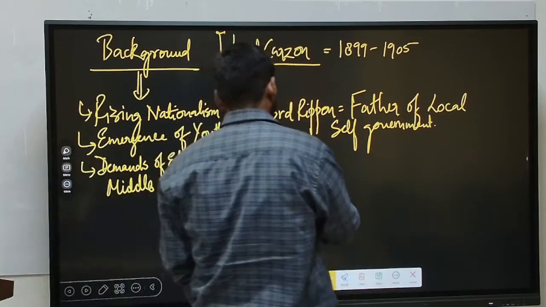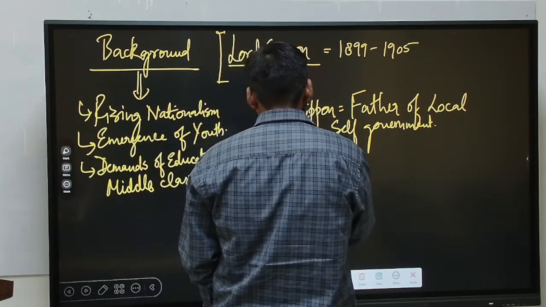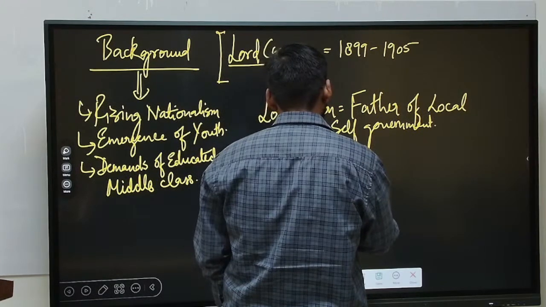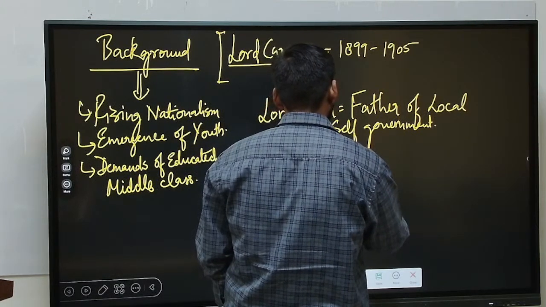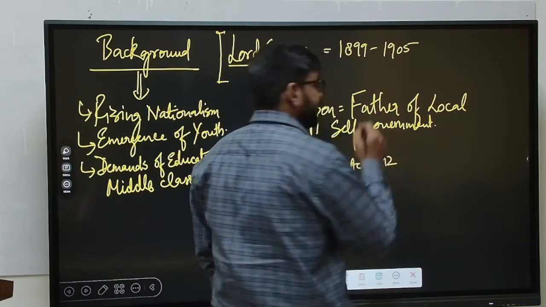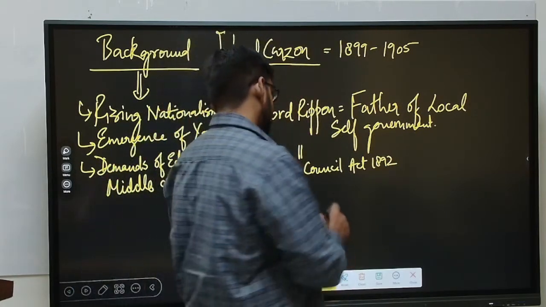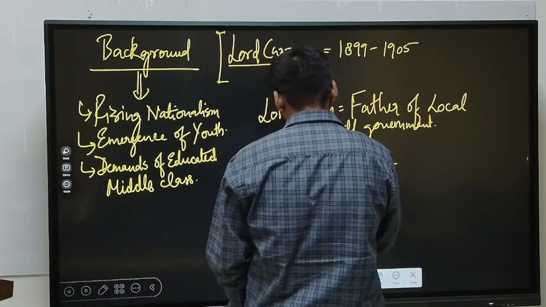Second thing, Indian Council Act of 1892. This act gave the provision of indirect election.